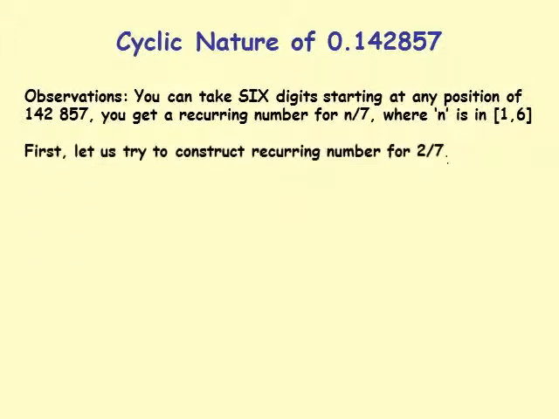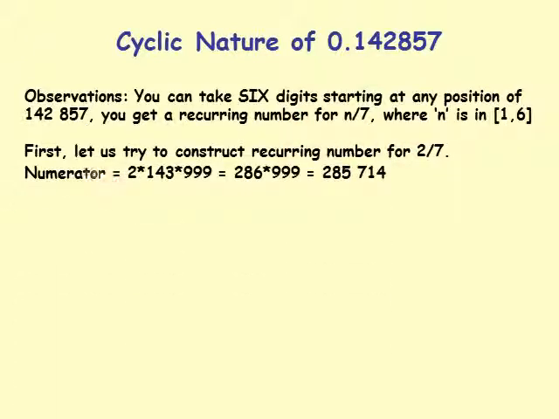Let's first try to construct a recurring number for 2 divided by 7. The numerator is 2 times 143 times 999, which is 286 times 999, and using the previously discussed methods of multiplying by a sequence of 9s, you get 285714.